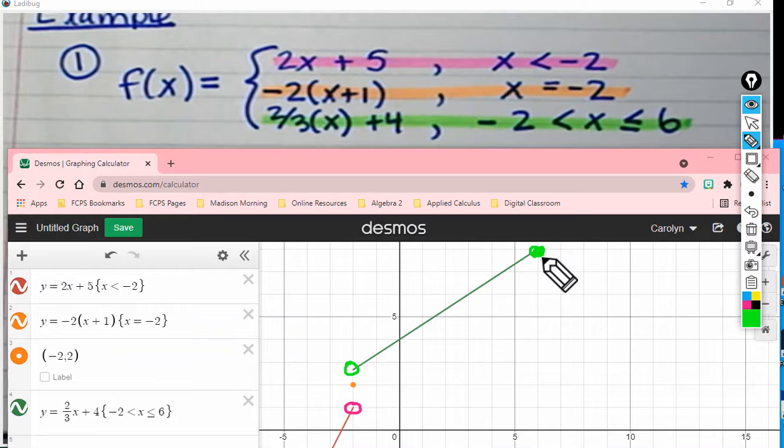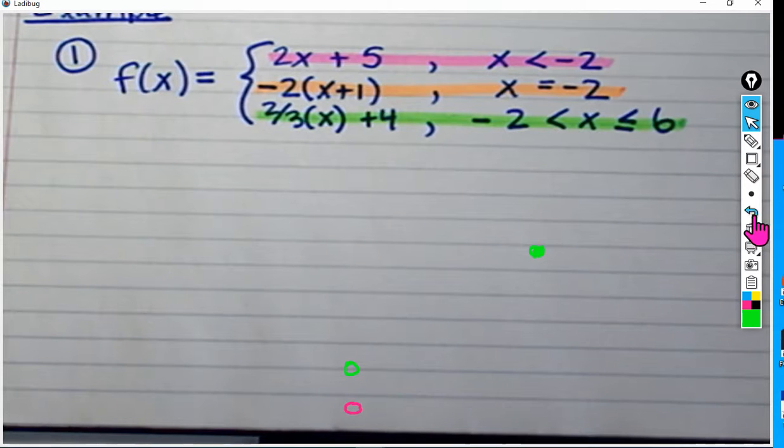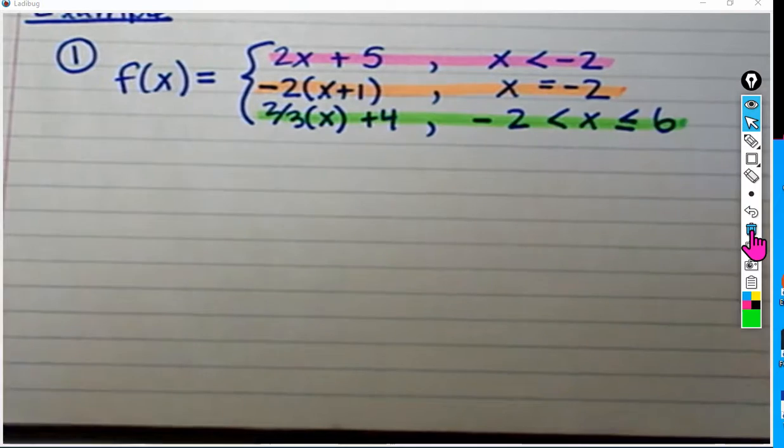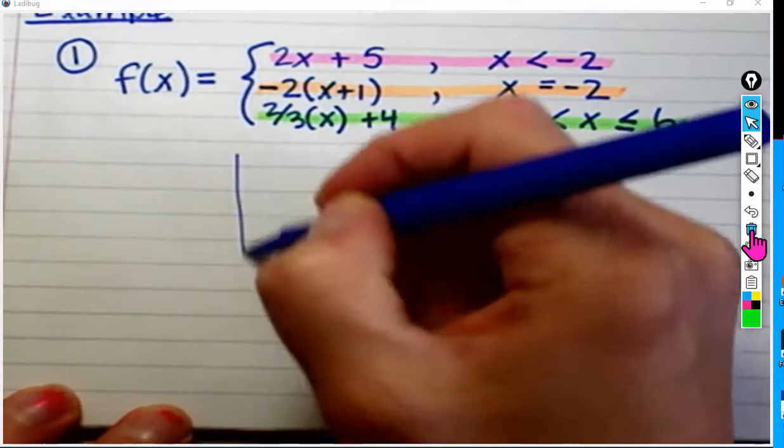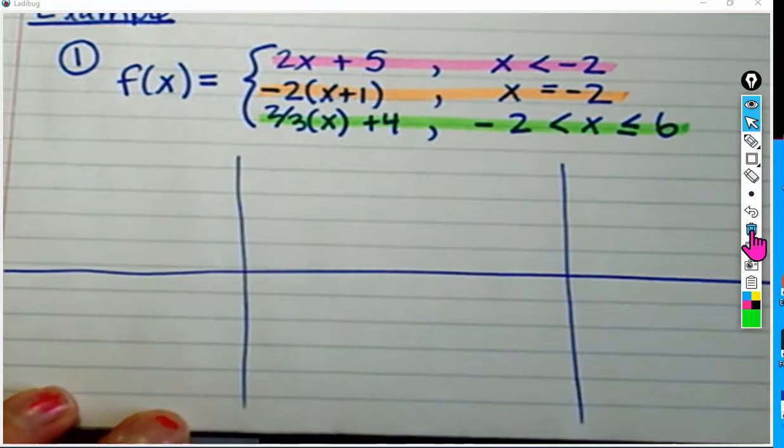So there's a few things that Desmos can help you with, but you also have to understand and interpret what those statements are saying. So that's a piecewise graph. Different pieces, specific domains. So now we're going to evaluate. Here, I'm going to make a little 3 columns, 2 rows.